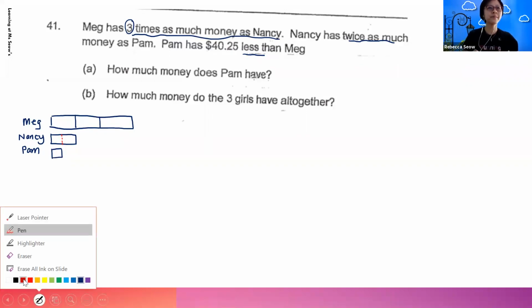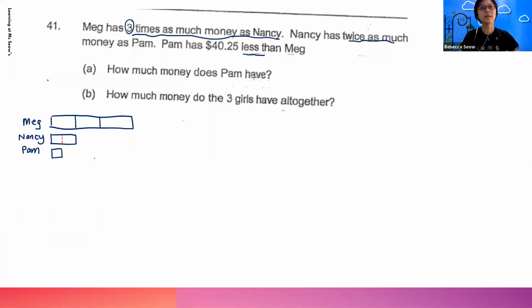Now at this point, we have a problem. Our problem is that Meg's units are really big, and Nancy and Pam's units are smaller. So what can we do to make the units the same size? This is one of Meg's units.